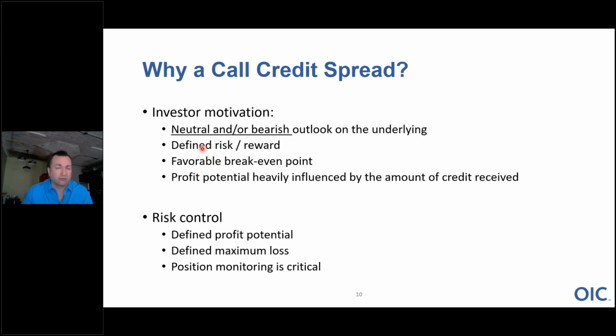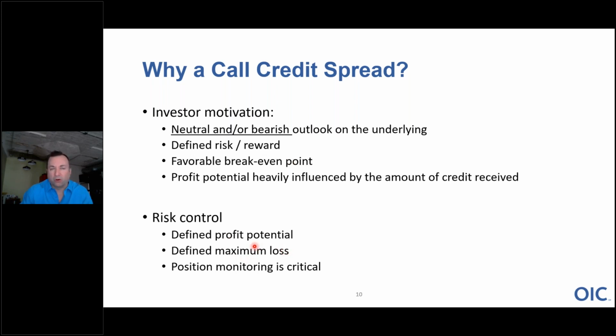One of the main reasons why vertical spreads are popular for options investors is this element of defined risk reward, controlling your risk, calculating the profit potential, the maximum potential loss, having this favorable break-even point that we're going to see here when we get to the example in just a second, and really having those risk controls in place where you can calculate those numbers and find a level of comfort in knowing exactly how much you stand to gain and exactly how much you could lose, and maximizing both of those numbers.